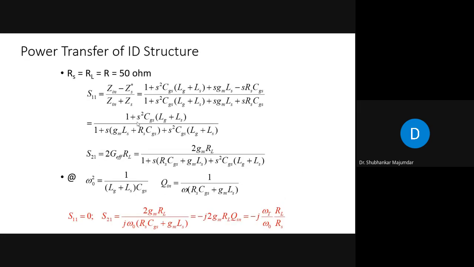Now the power transfer of the ID structure will be like various types of parameters, like reflection will not happen. For this reason S11 is equal to 0, and the gain S21 will be higher.